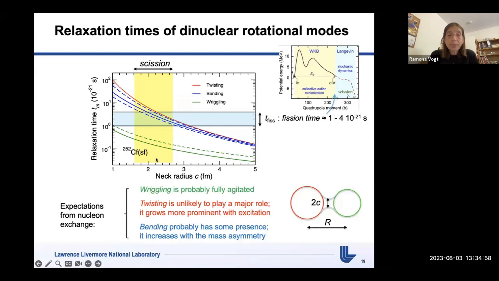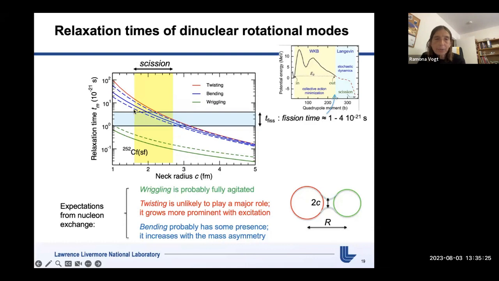So if the neck radius is in this yellow band here where fission might occur, then the wriggling mode is probably fully agitated, because that happens on a shorter time scale than the fission time. And the bending mode is probably fully, or close to fully, engaged.